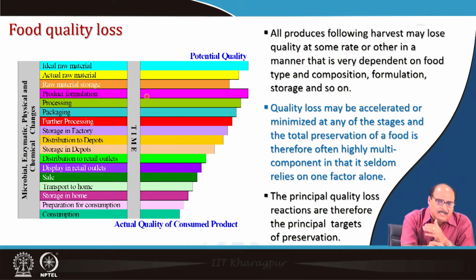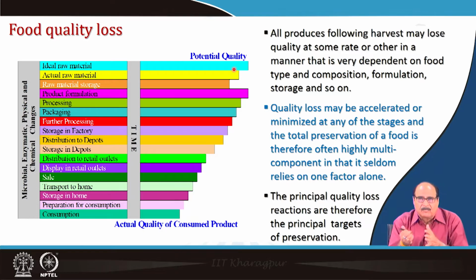In this figure you can see the value chain, starting from the ideal raw material until it passes through various stages and reaches the consumer's table. If the potential quality of the ideal raw material is X, or you can say 100, then due to one reason or another, maybe good horticultural practices or other practices, the actual raw material you get for processing may itself be a little inferior. At every stage there is a quality loss, except the product formulation stage, where by an appropriate combination of various raw materials or components you can get a desired quality raw material for processing.